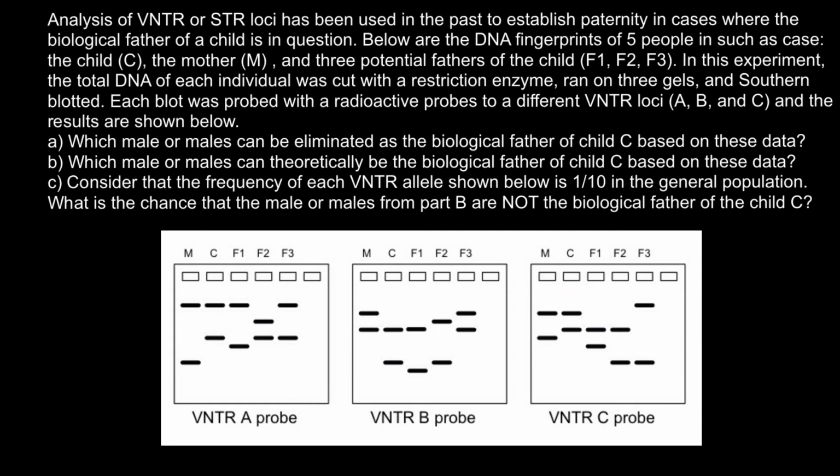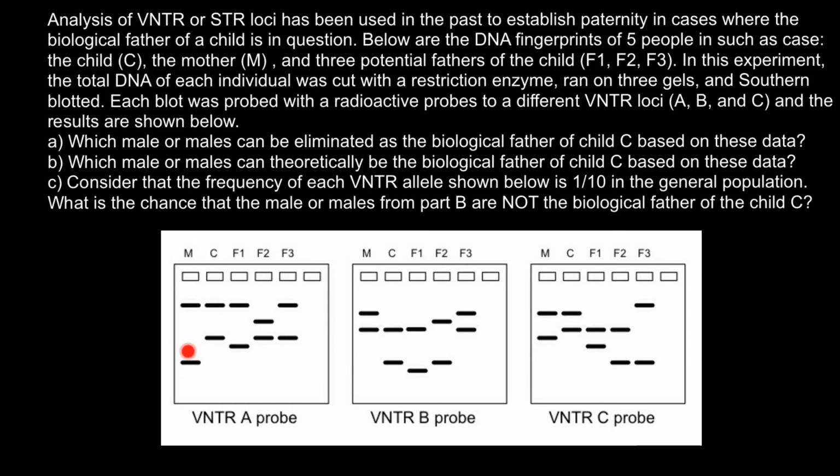So question A, which male or males can be eliminated as the biological father of a child C based on this data? So M is the genotype of the mother. We don't know the size of the alleles. We can only reference the sizes according to the other sizes of the other people that are present here, or the genotypes.